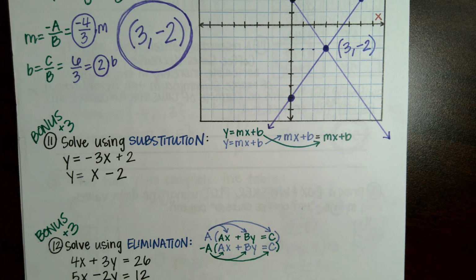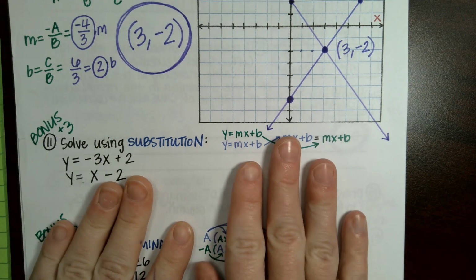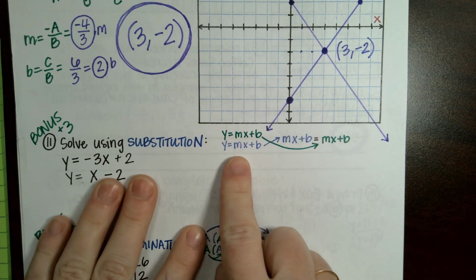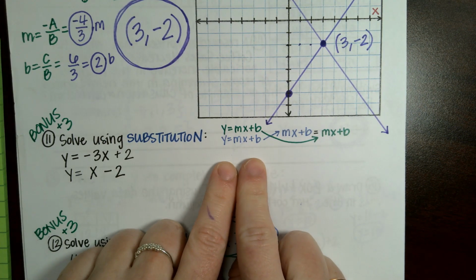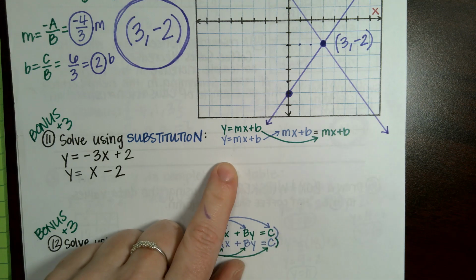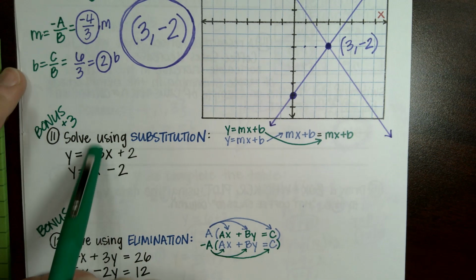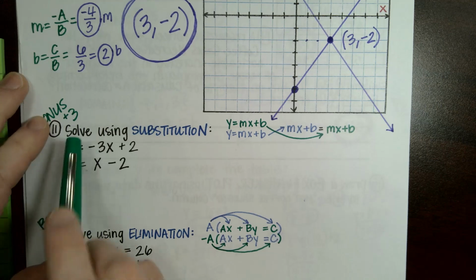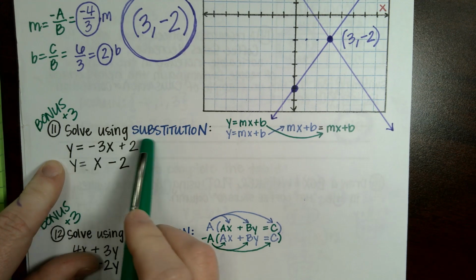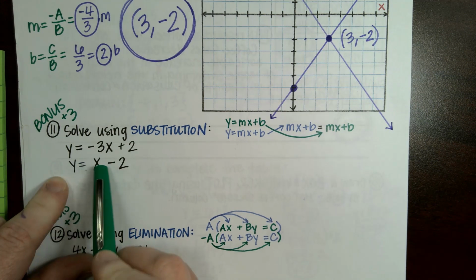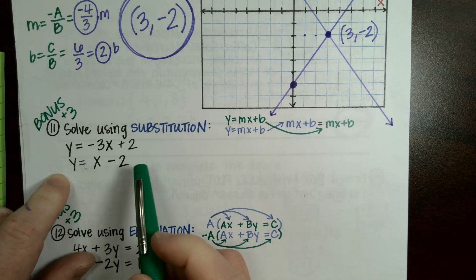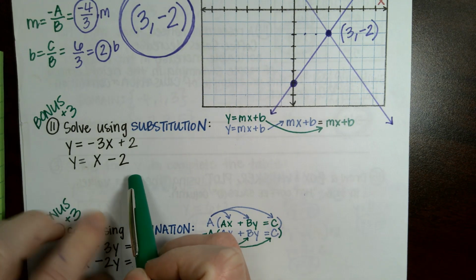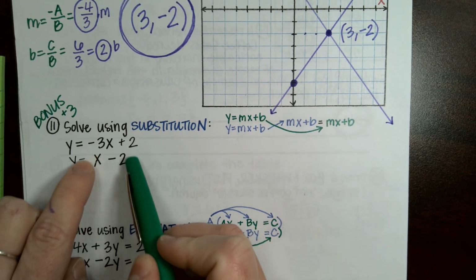Let me see. I want to find, there we go, a little piece of notebook paper. I drew a little diagram for you to show what we're doing when we are substituting. Basically, when we have two different equations that are both saying y equals something, we are going to substitute one of these values.